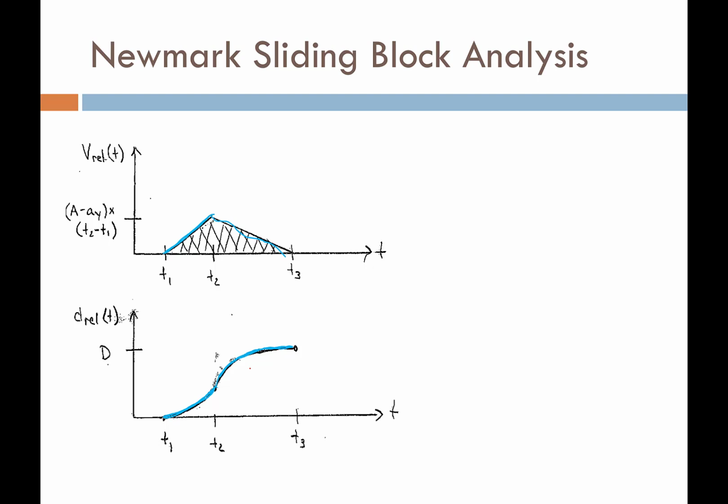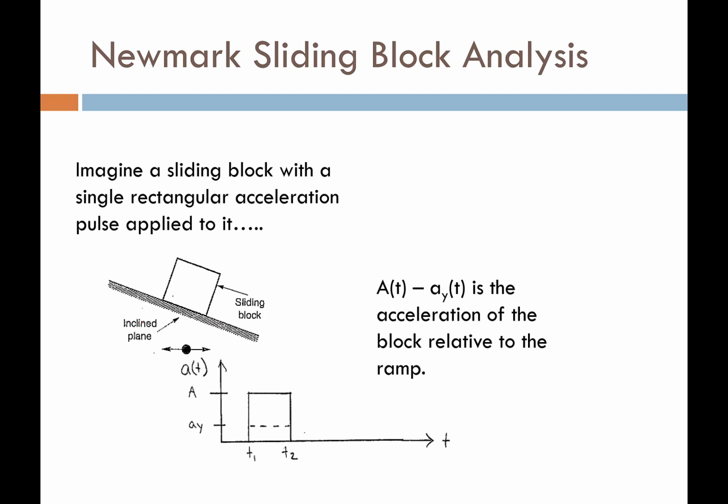So this is how I integrate then, and I come up with a computed displacement d by the end of time 3. And that's a permanent displacement, meaning that's the displacement that the block slid down the ramp and is now stopped and waiting for additional yield accelerations and relative velocities. So I'm going to go back a couple of slides.